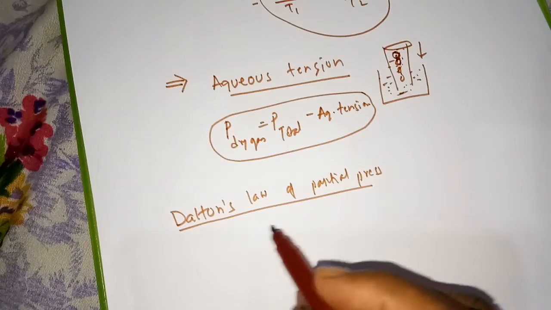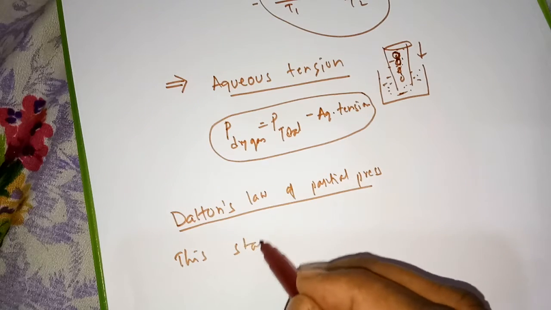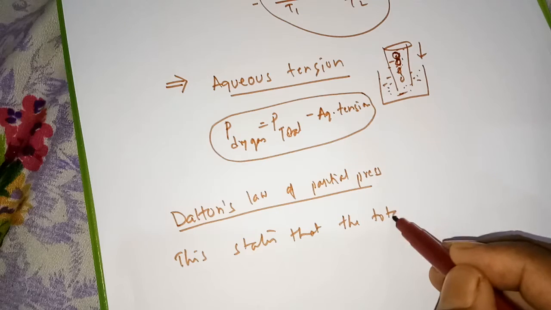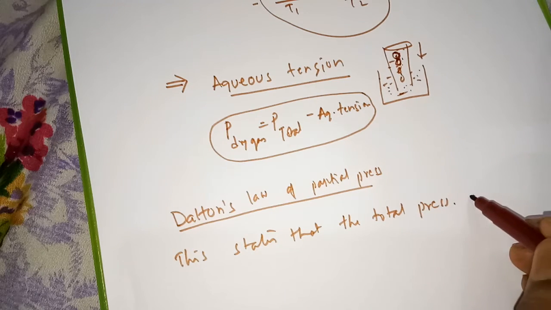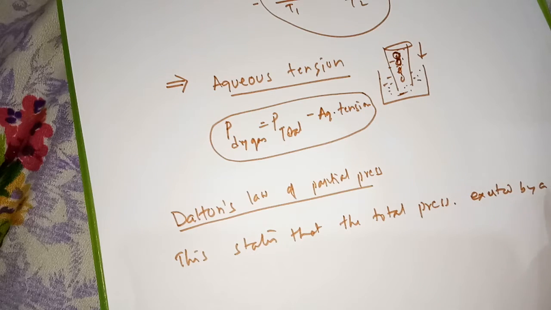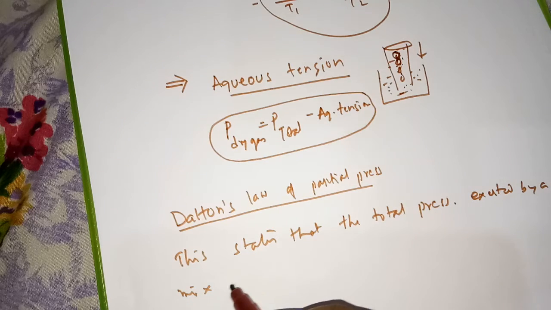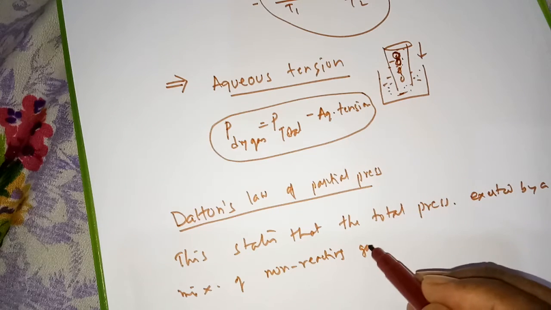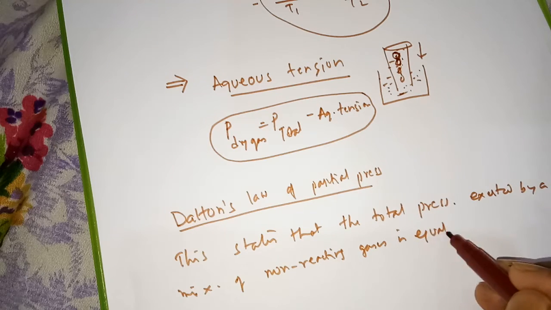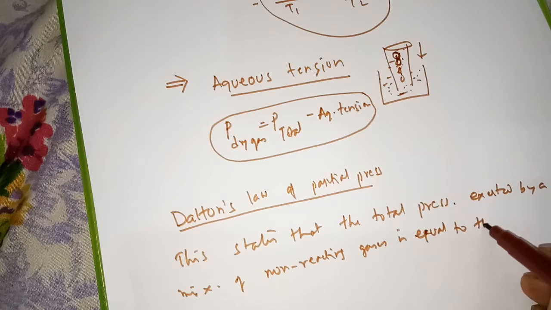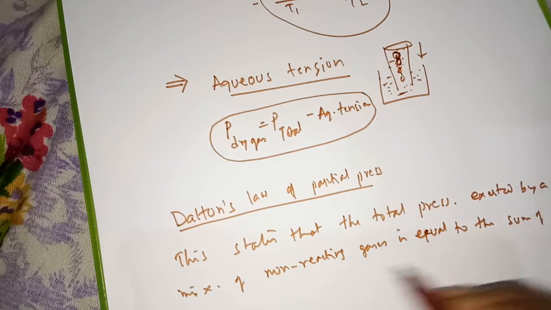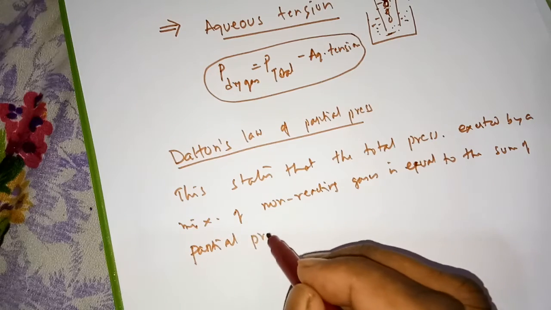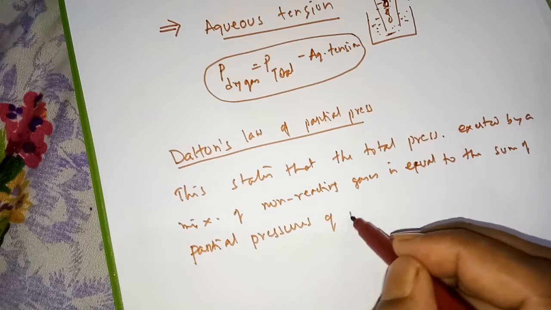This states that the total pressure exerted by a mixture of non-reacting gases is equal to the sum of partial pressures of individual gases.